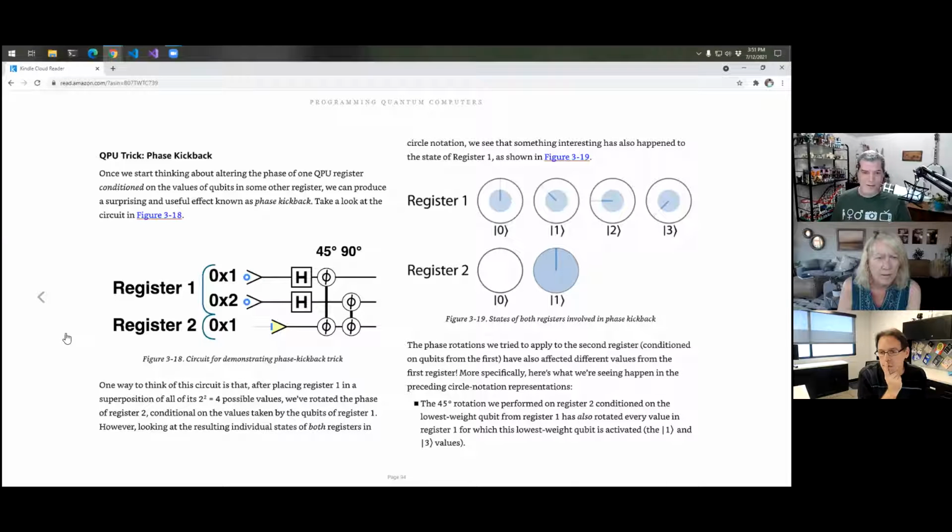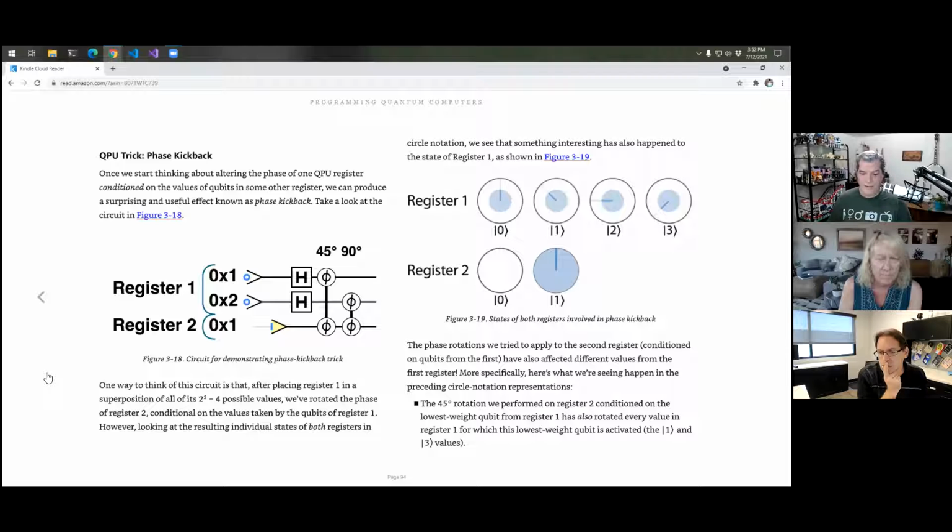So let's see. Once we start thinking about altering the phase of one QPU register conditioned on the values of qubits in some other register, we can produce a surprising and useful effect known as phase kickback. One way to think of this circuit is that after placing register 1 in a superposition of all its 4 possible values, we've rotated the phase of register 2 conditional on the values taken by the qubits of register 1.